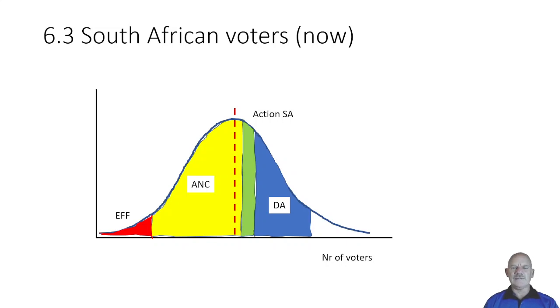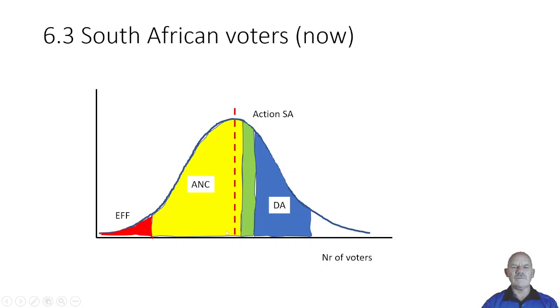Recently they won the election, so I think the median voter is still ANC. But people in Action SA or to the left side of this DA group, they all think very much alike.